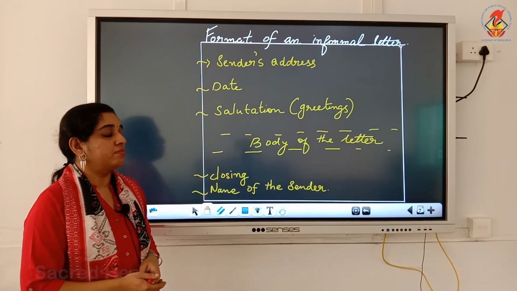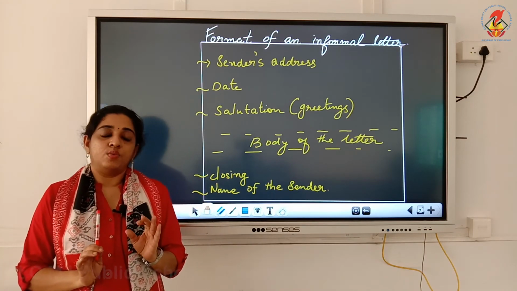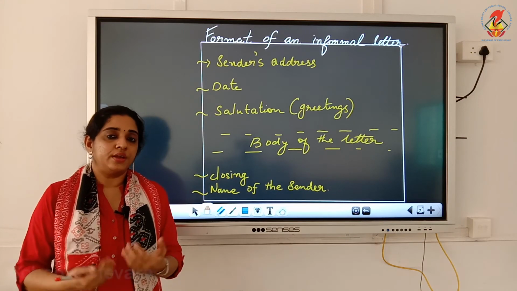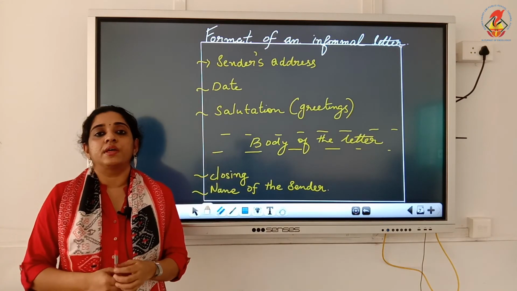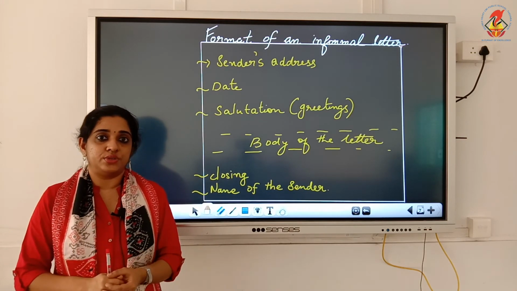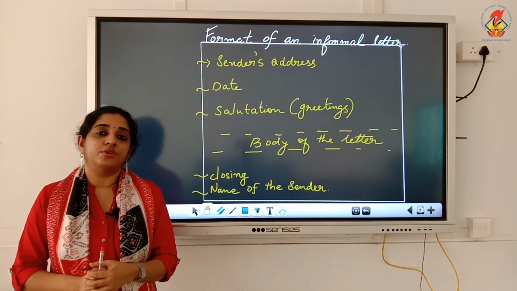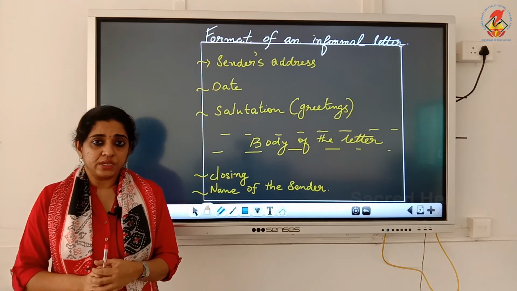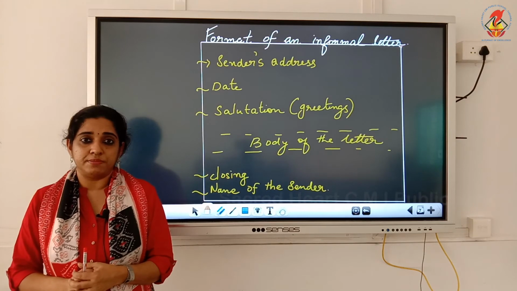Body of the letter. In the body of the letter, what did we study? Introducing lines like how are you, hope you are fine, everything is okay here. Then followed by the reason for writing the letter. Why are you writing this letter? You have to mention that reason in the letter, and in the conclusion you write that you are anxiously waiting for the reply, please write back.